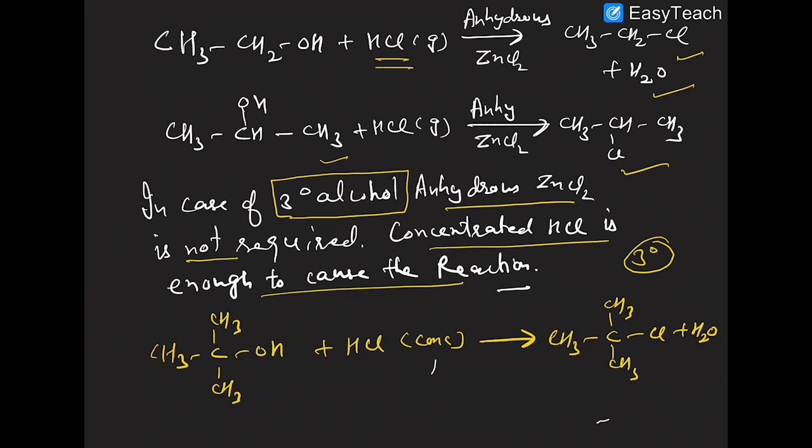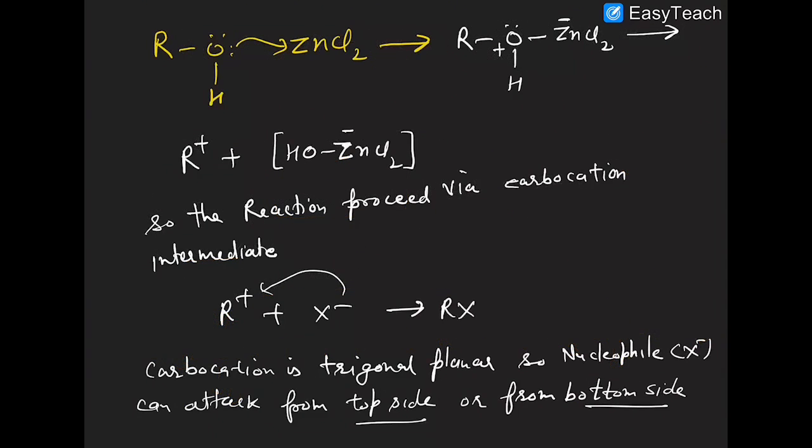The same process is more popularly known as the Lucas test for various types of alcohols. Here you have to understand what is happening in all these cases. Look at the mechanism of this case now.